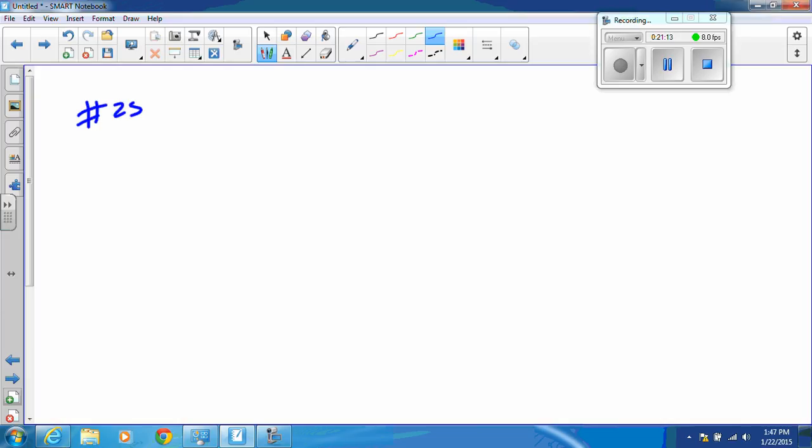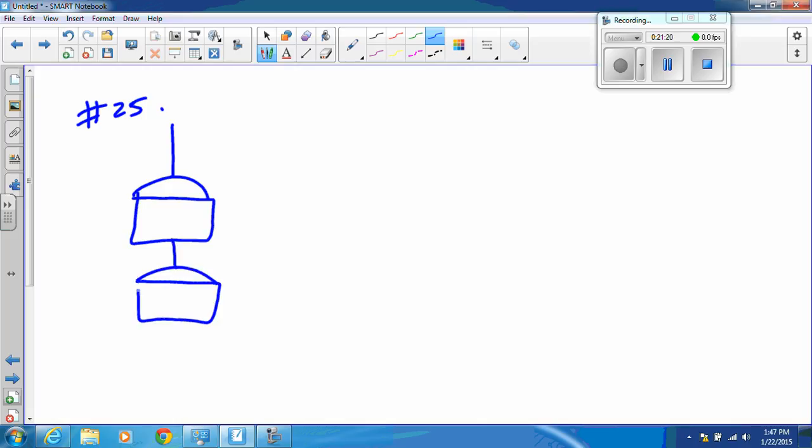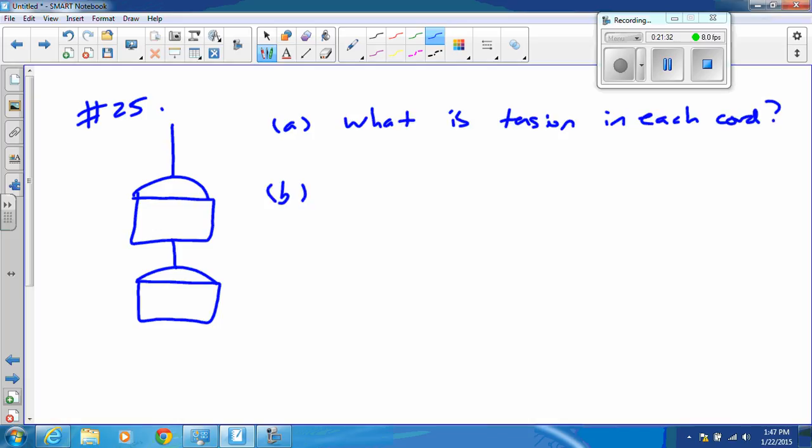So we're looking at number 25 here, and the problem presents two buckets like so, and they're asking: A, what is the tension in each cord? And B, if the buckets are accelerated at 1.6.